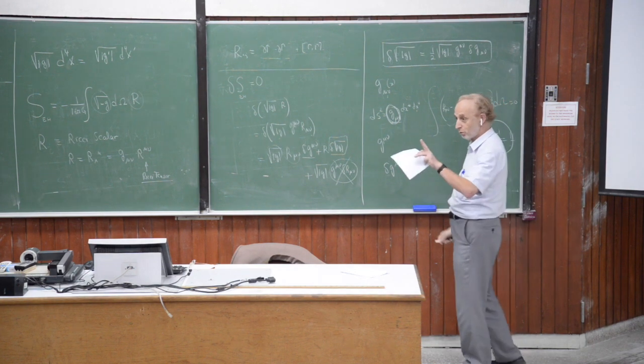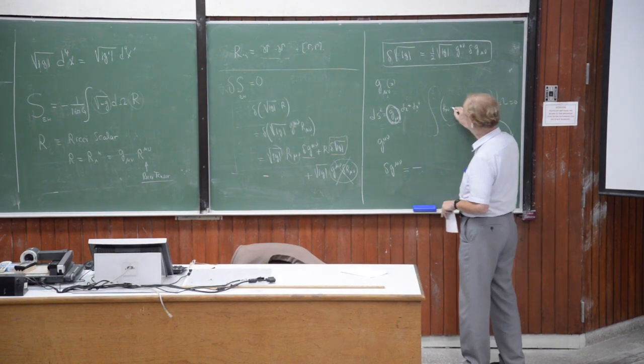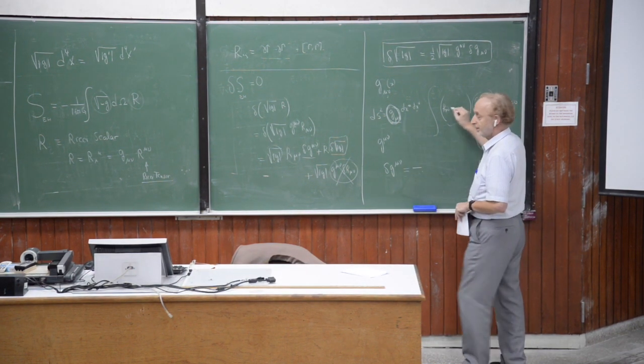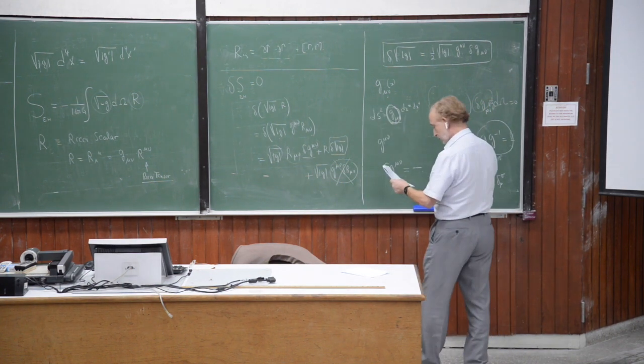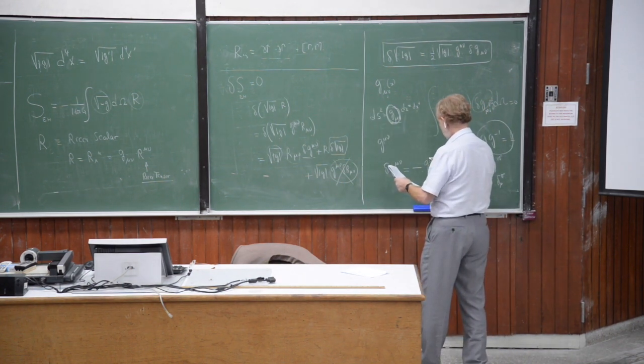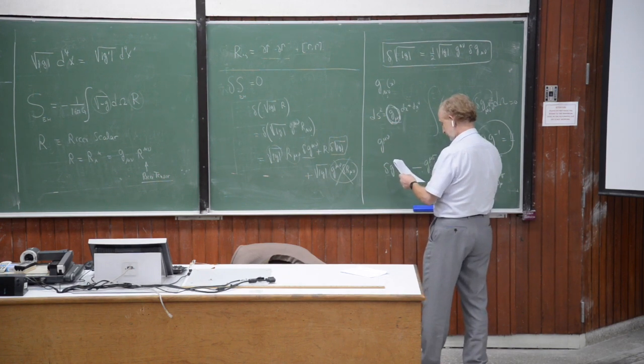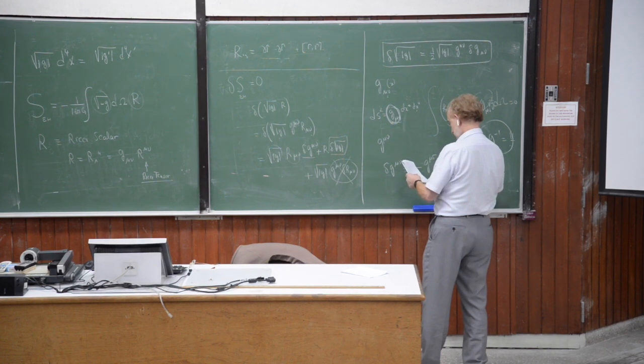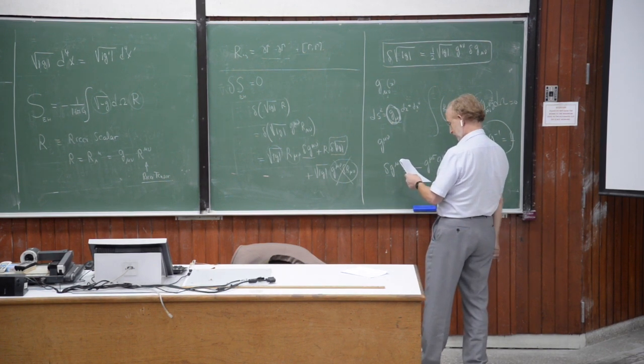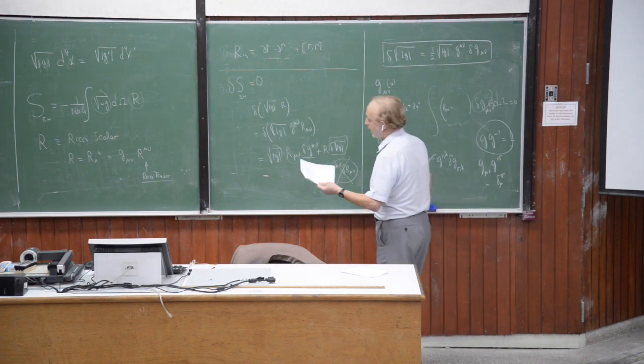And this minus sign is crucial, because that's the minus sign that goes here. So this is minus G mu sigma, G nu lambda, delta G sigma lambda.